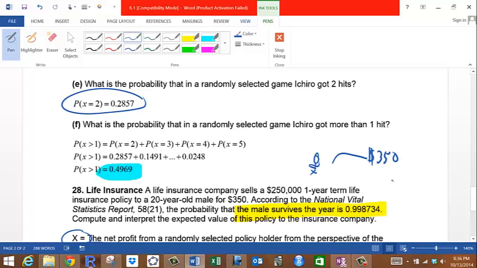Okay, all right. So now I'm going to show you one last thing here, and I'm going to show you how to get the mean of a probability distribution for your homework, because I want you to be able to do that. And you'll like this.